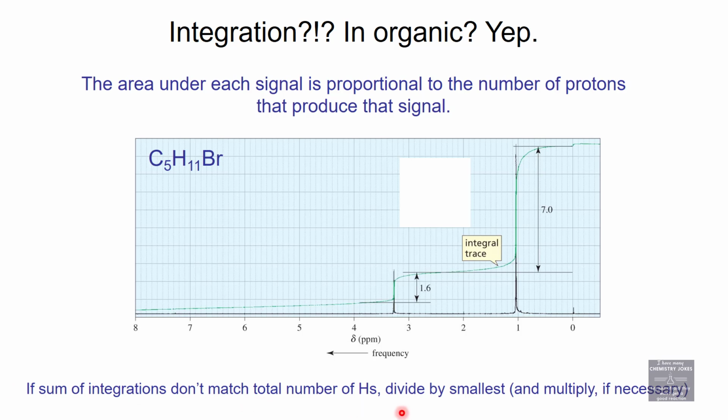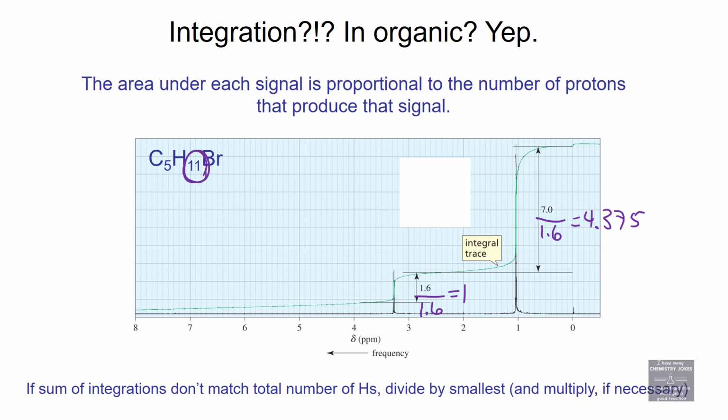molecule. So if the sum does not match the total number of H's, divide each number by the smallest number. So I'm going to divide by 1.6, divide by 1.6. I get 1 and 4.375. Okay, what do I do with that? Again, I need my total number of protons to equal 11.